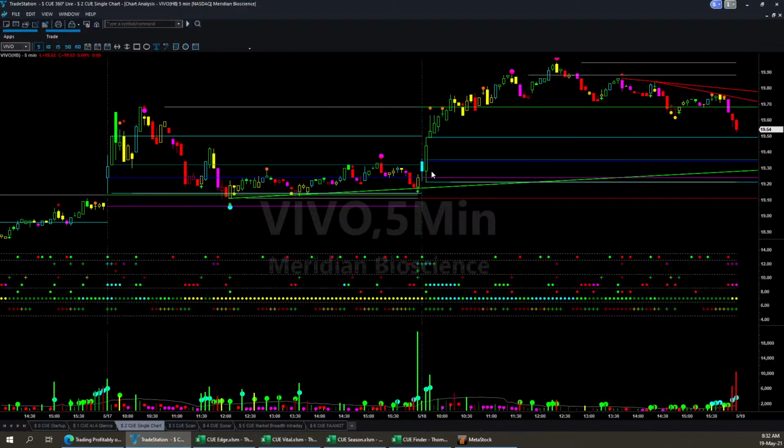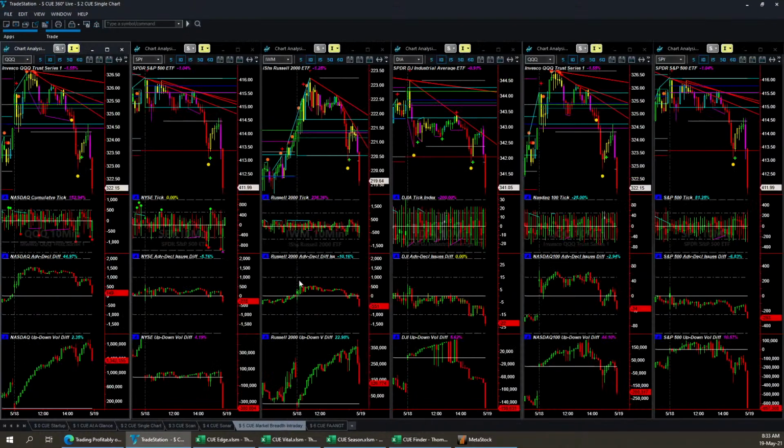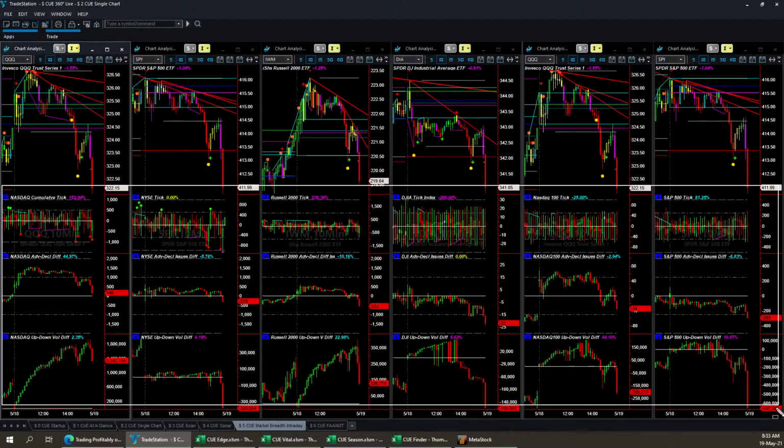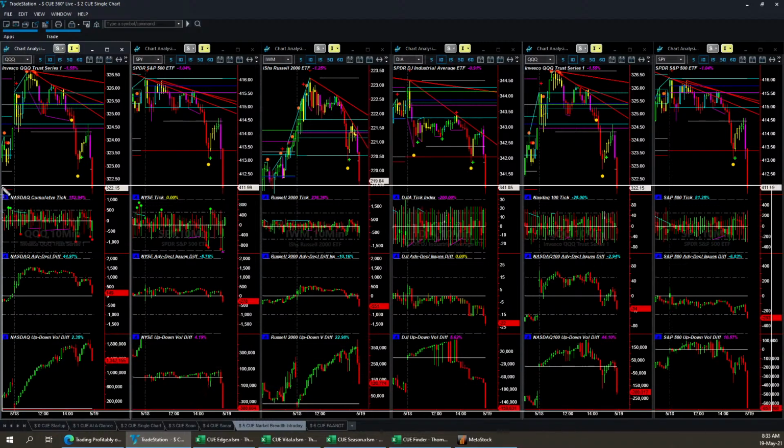So what I did, I took a long position using the stock somewhere here, and when it went up, I had some profit. Then I saw it displayed two bearish headwinds and started to go down. As usual, I was keeping an eye on the market internals using Q Elite: the Nasdaq Composite, Advanced Decline, Up Down Volume, tick.